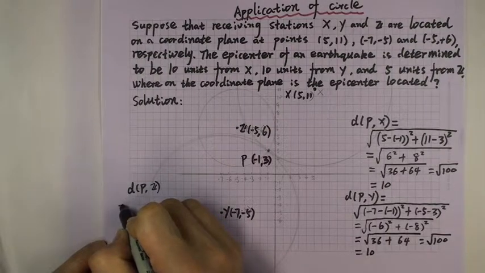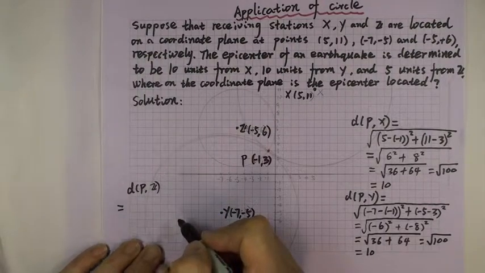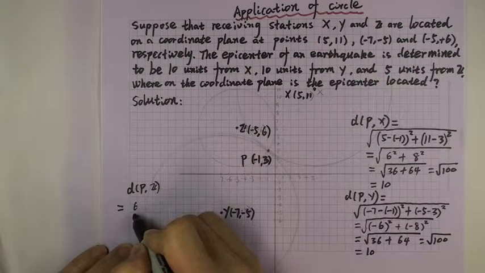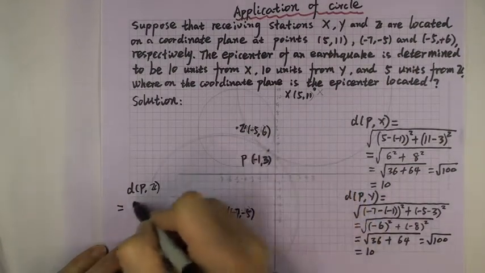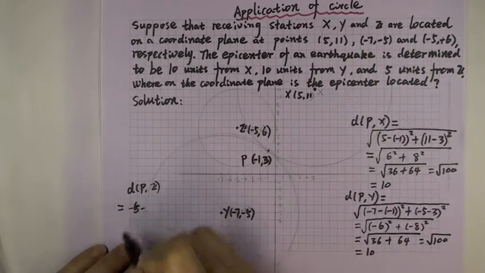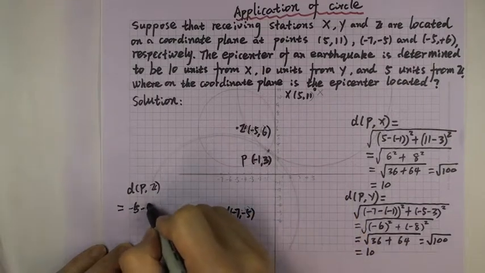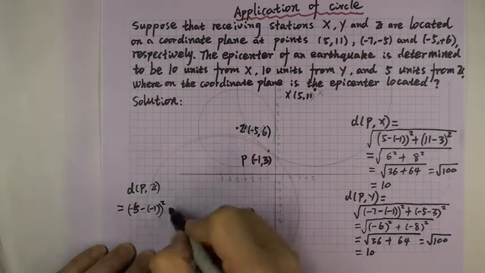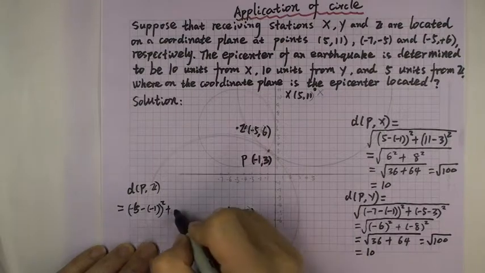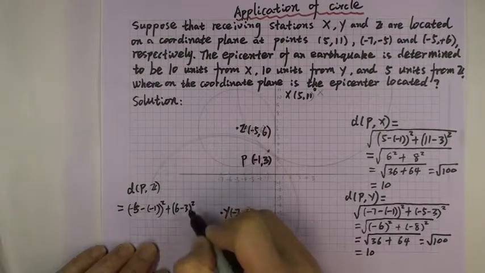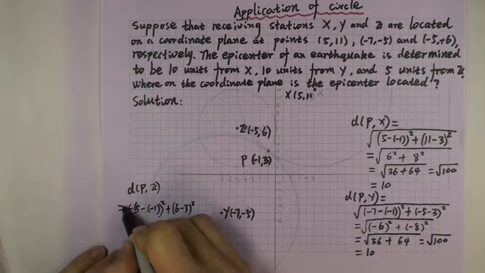You want to do -5 minus -1, squared, plus 6 minus 3 squared, and then choose the square root.